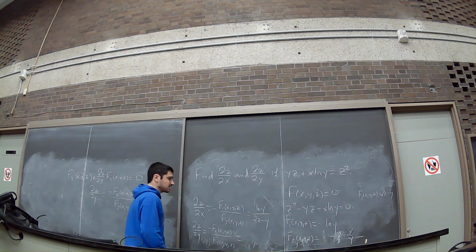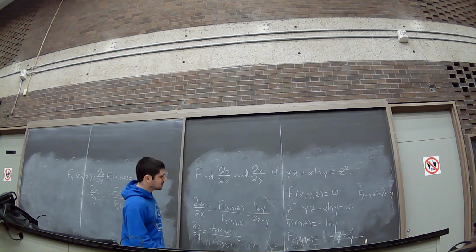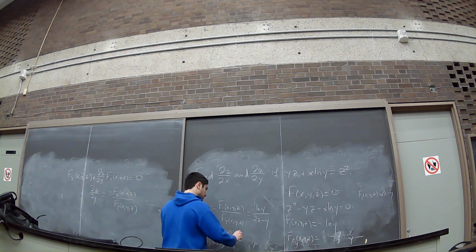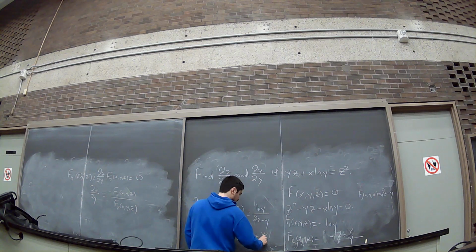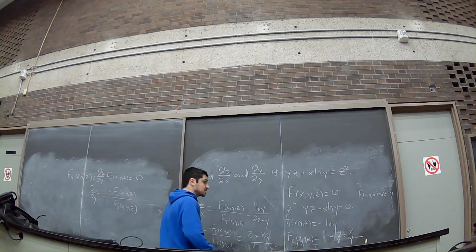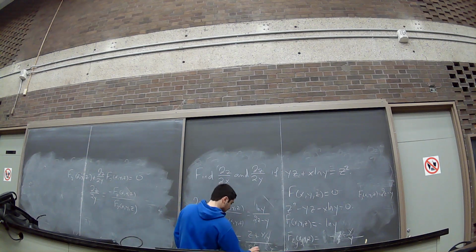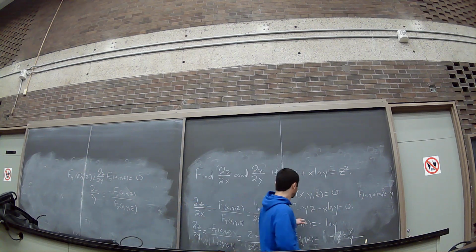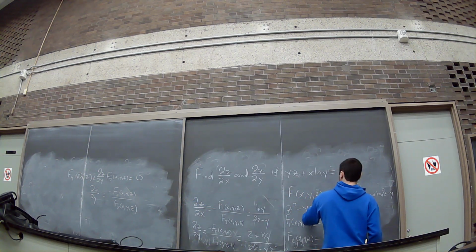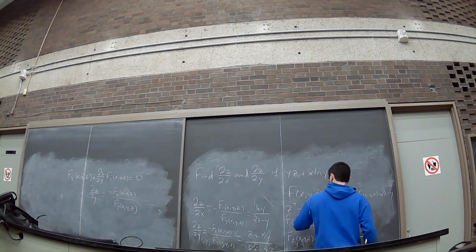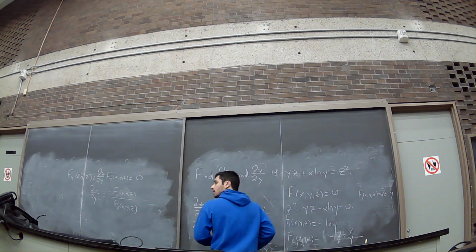So it's minus z minus x over y, right? Differentiating with respect to y gives 1 over y. So it's z plus x over y, divided by 2z minus 1, right? Yeah, 2z minus 1. Awesome.